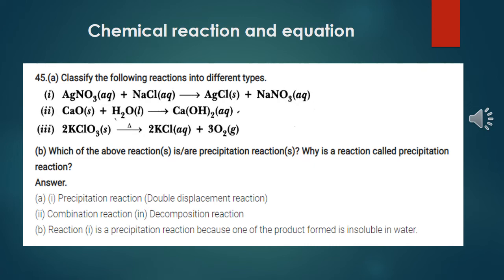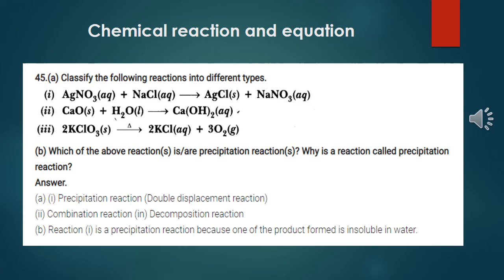Second equation: calcium oxide, that means quick lime, if you add water, forms slaked lime or lime water, calcium hydroxide. In this reaction, two different reactants add to form a single product. So this is obviously a combination reaction. Third: KClO3, potassium chlorate, is decomposing or breaking down into two different products, potassium chloride and oxygen.